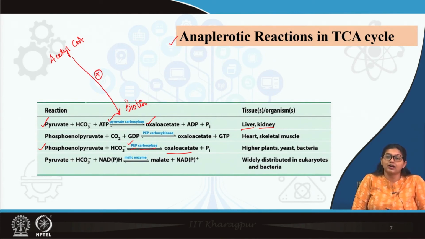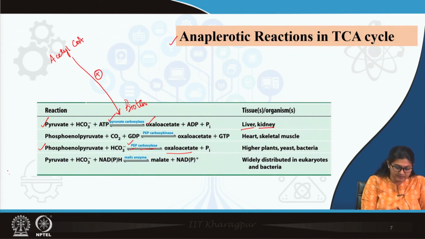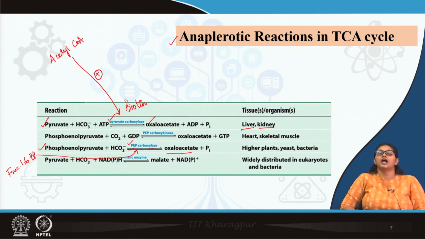Similarly, another product of glycolysis, fructose 1,6 bisphosphate, influences positively phosphoenolpyruvate carboxylase. It is basically an allosteric activator of phosphoenolpyruvate carboxylase.